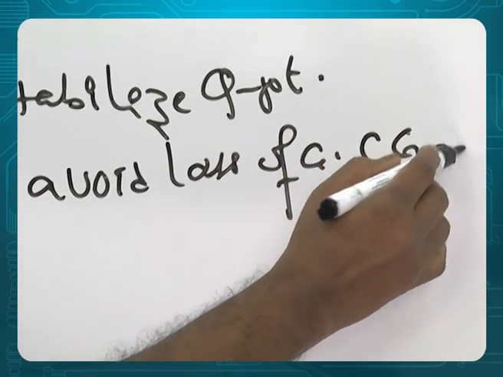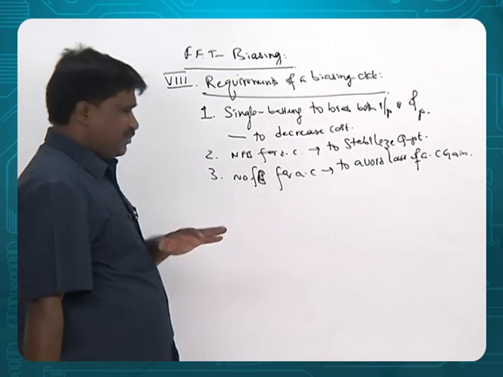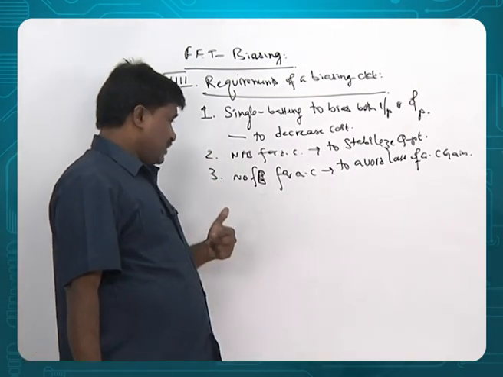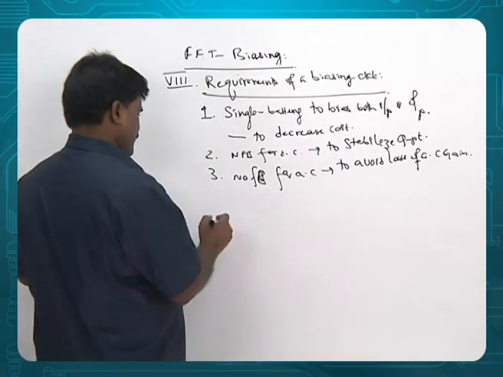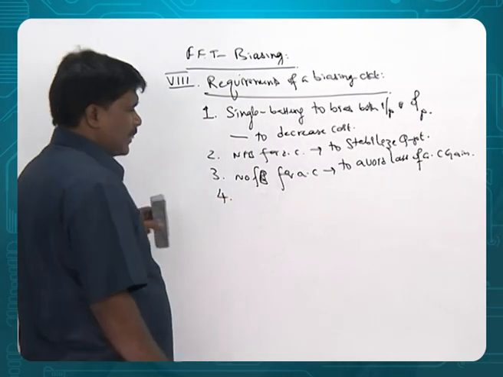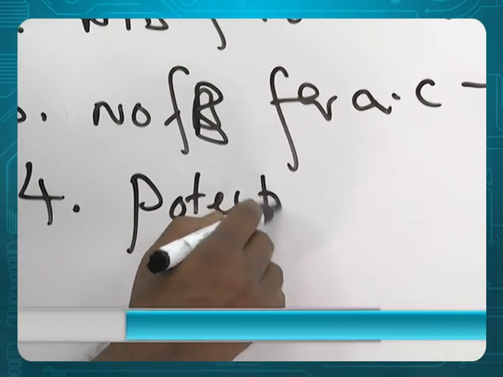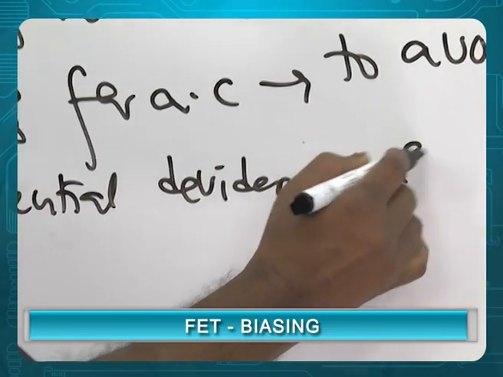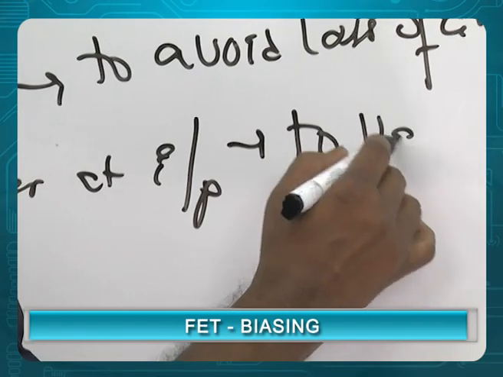Loss of AC gain, because whenever you give a feedback, there will be loss of gain. That should be reduced to avoid loss of AC gain. Fourth one: potential divider at input. What for? To vary Q point.